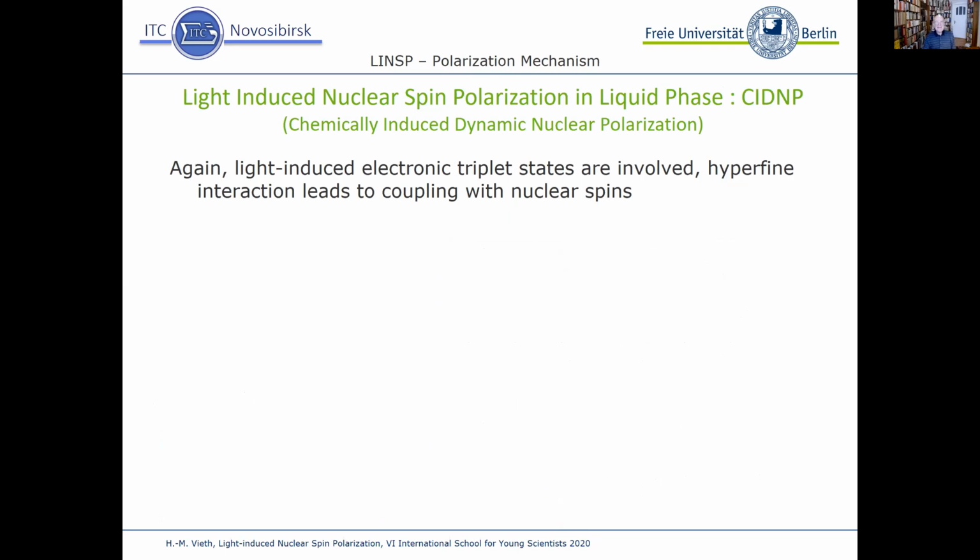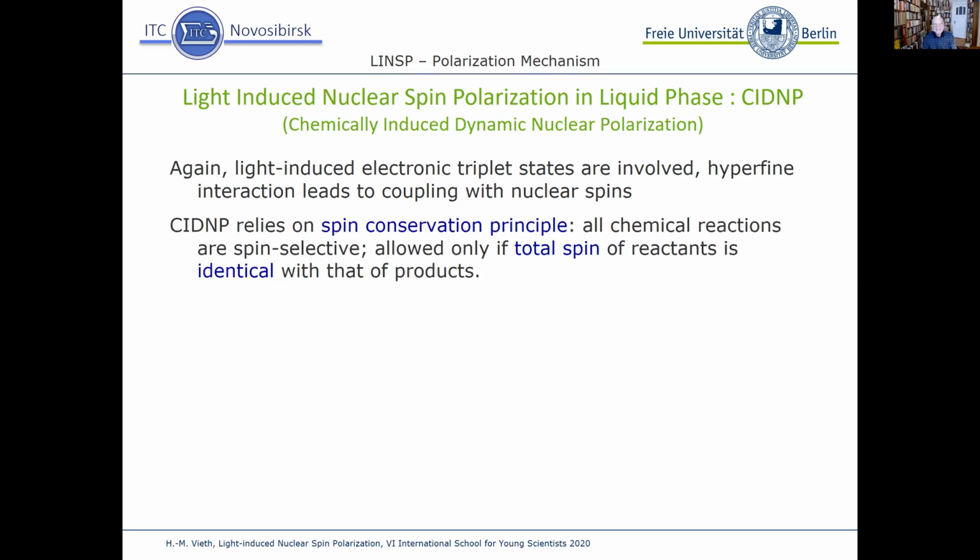Again, also same as in the solid state, we have light-induced electronic triplet states, and we have hyperfine interaction that leads to the coupling with the nuclear spins.